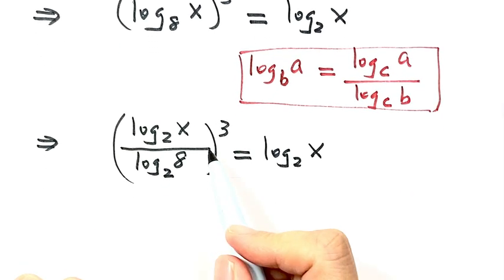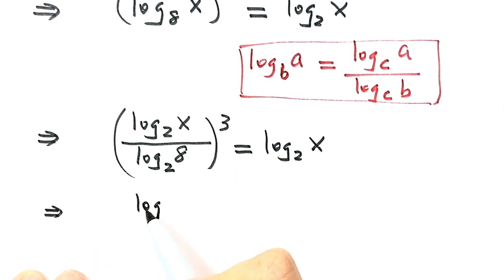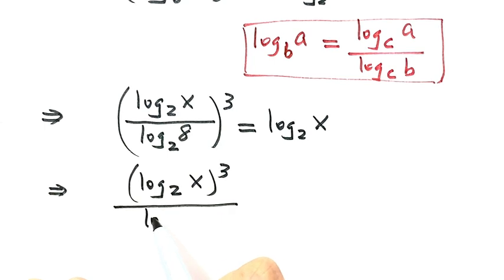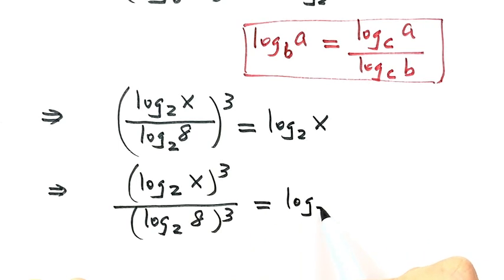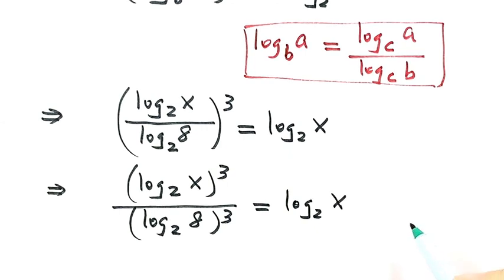Now let's separate the bottom from the top. On top, log base 2 of x to the third. On the bottom, log base 2 of 8, to the third. Then equals log base 2 of x. Because both sides have log base 2 of x, and at the beginning we identified x cannot be 1, this one won't be 0.